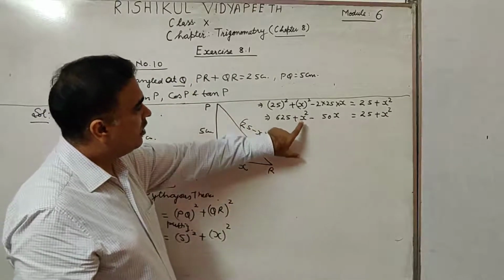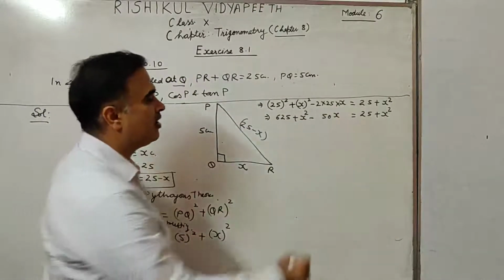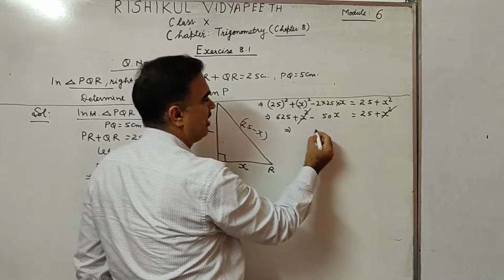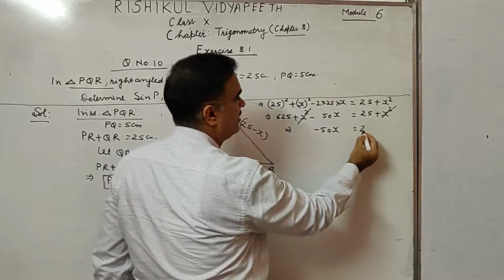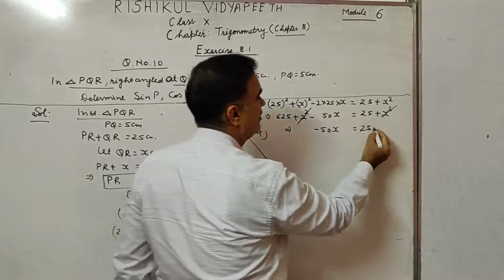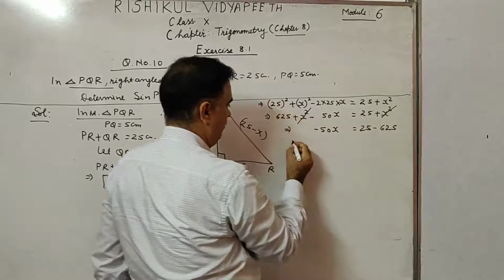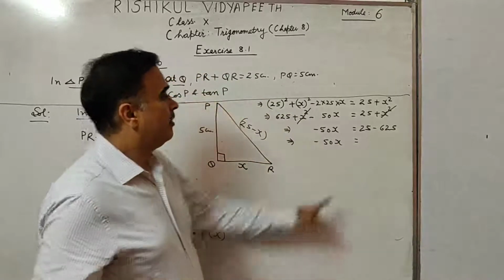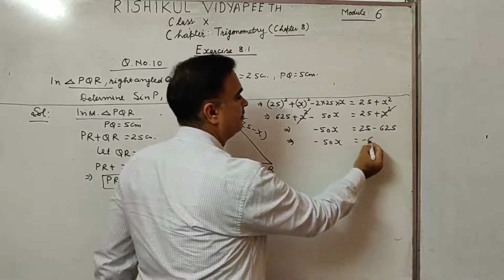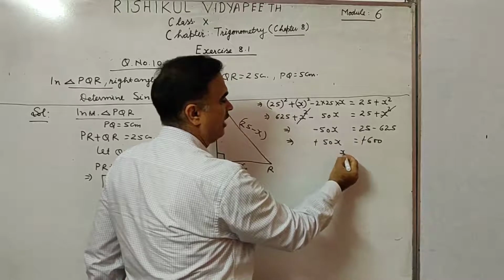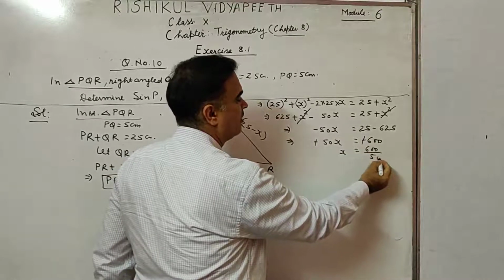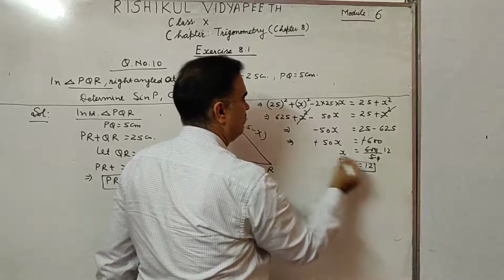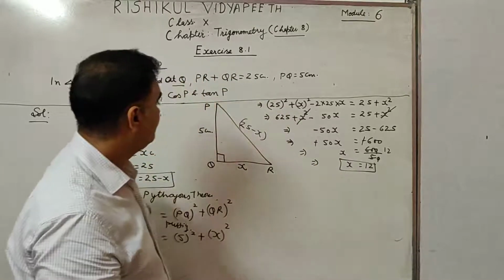You see, my dear students, this X square will cancel on both sides, and this implies minus 50X equals 25. If you transfer this plus 625, it becomes minus 625, so minus 50X equal to minus 625 plus 25, that is minus 600. You can cancel the minus. X equal to 600 upon 50. Then X equal to 12. This is your X equal to 12.